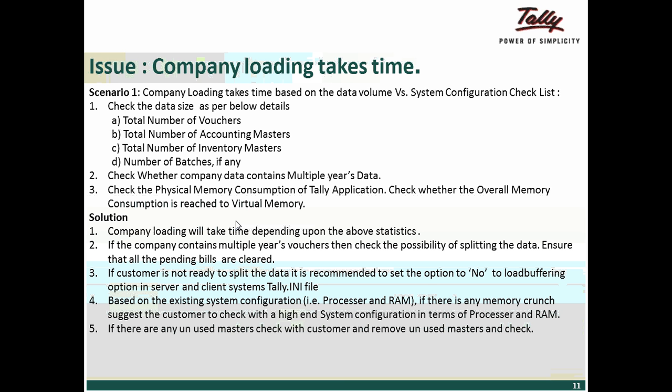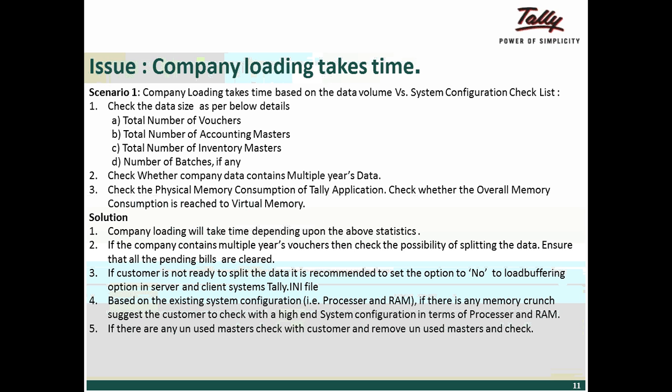The rest of the 25,000 stock items or masters are unused. That means he has created those masters and is not using them. This will also play an important role, because Tally has to walk through all the information.